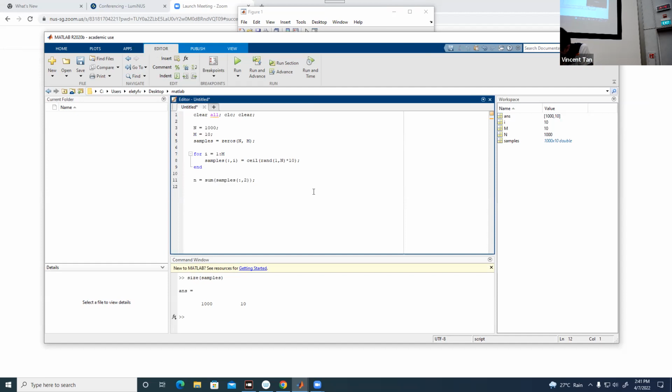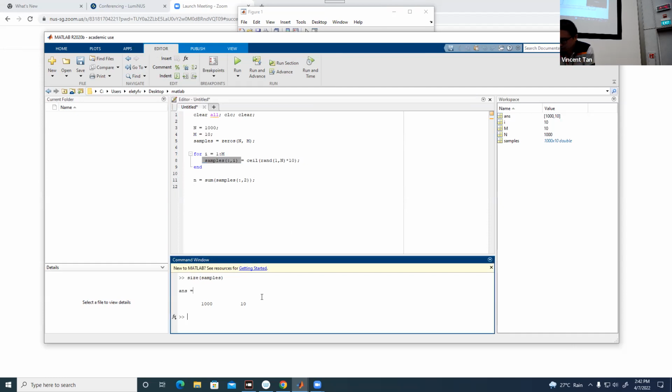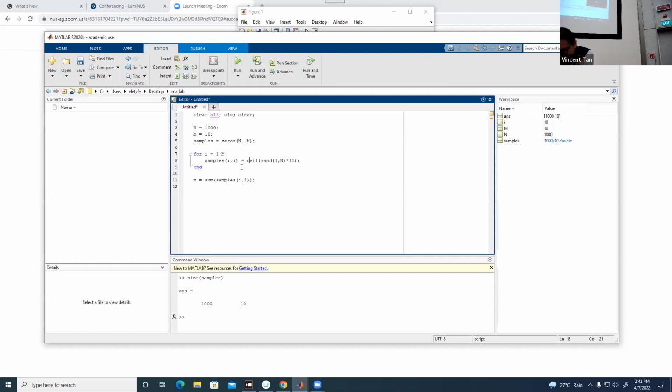Just now you notice that when I just generate one vector of samples, we are going to have about 1/10 of tens, 1/10 of ones, 1/10 of twos, and so on and so forth. Okay, 1/10 of each number.